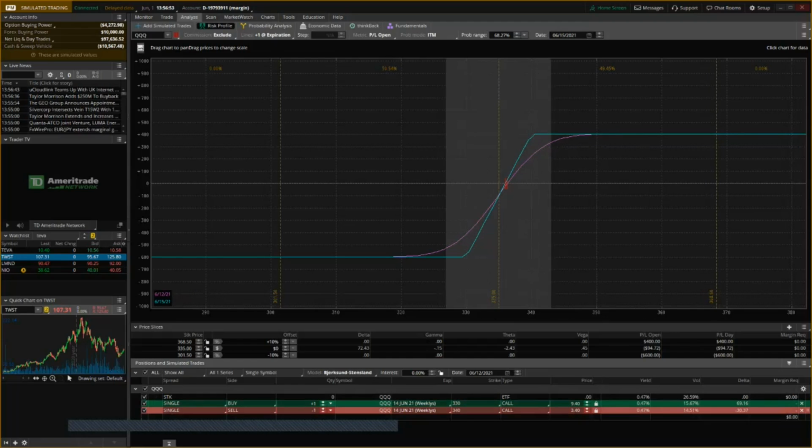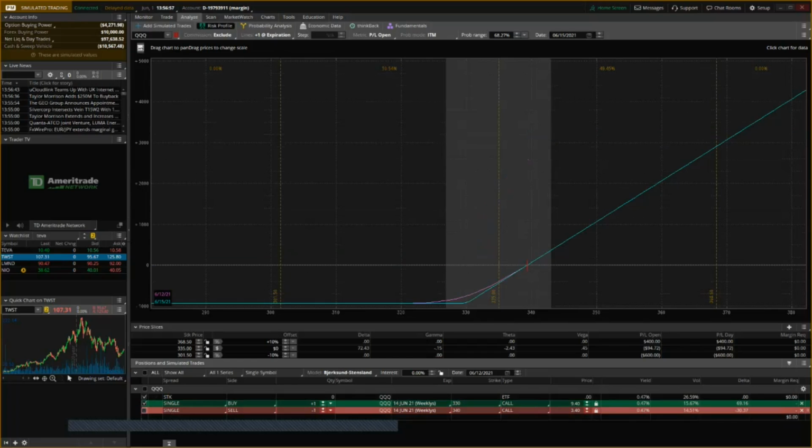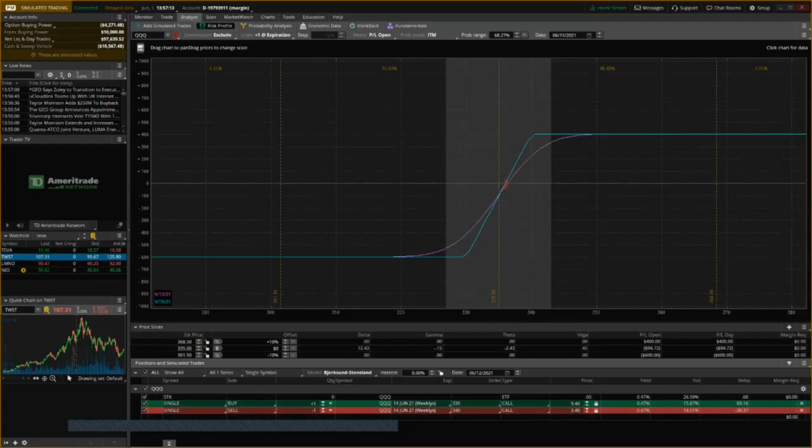Now, keep in mind that if the market does expire at 340 and you haven't sold the call 340, then you would have made almost nothing, maybe $40, something like that. That's because now you're going to get $340, and that's better if it expires right here at this point.